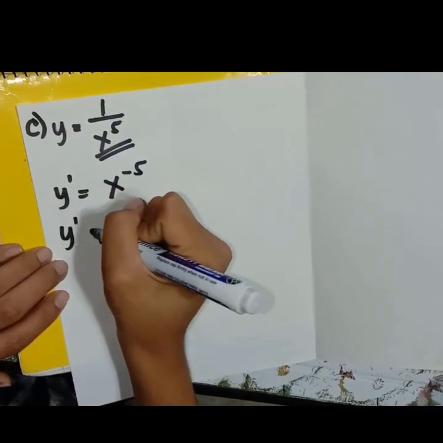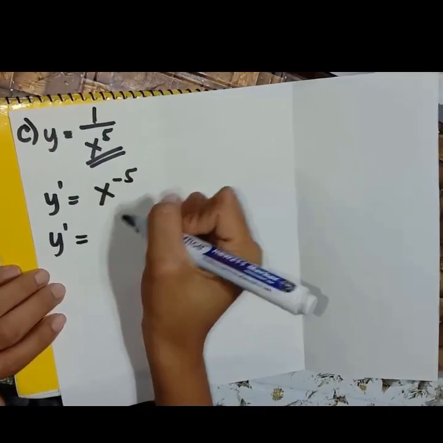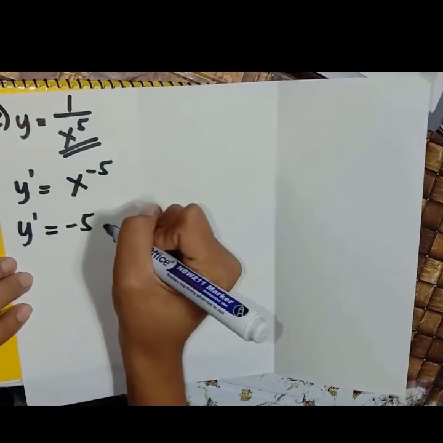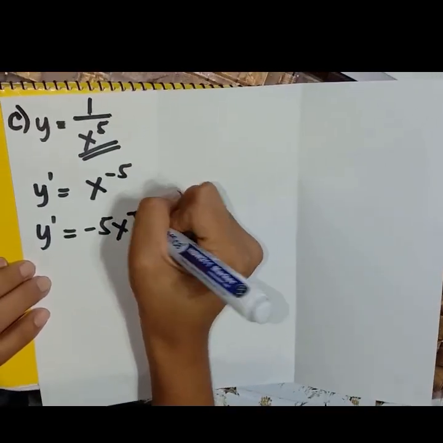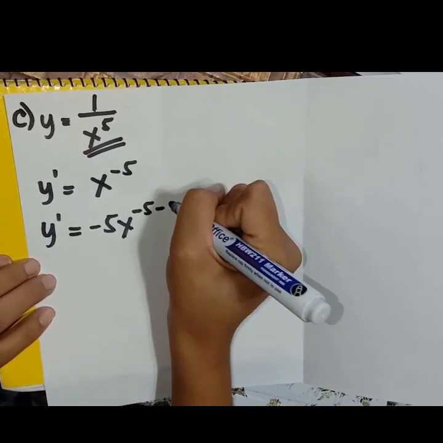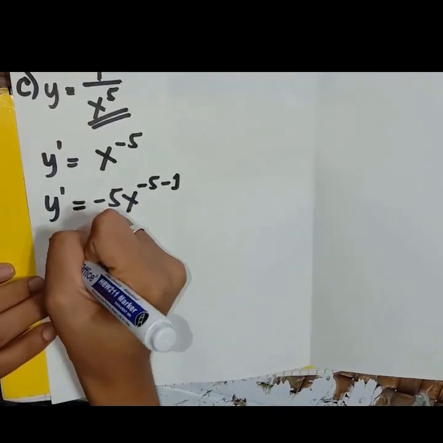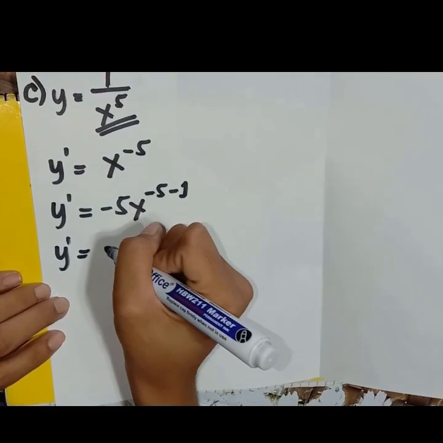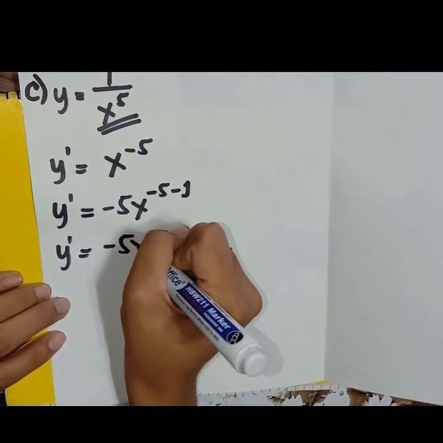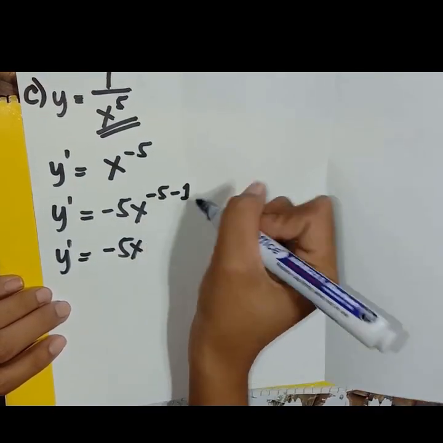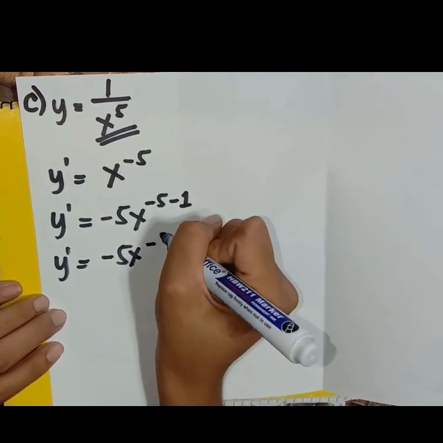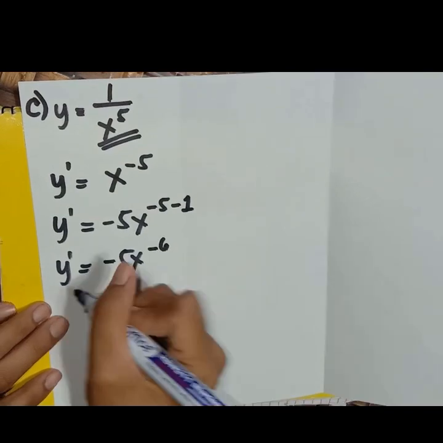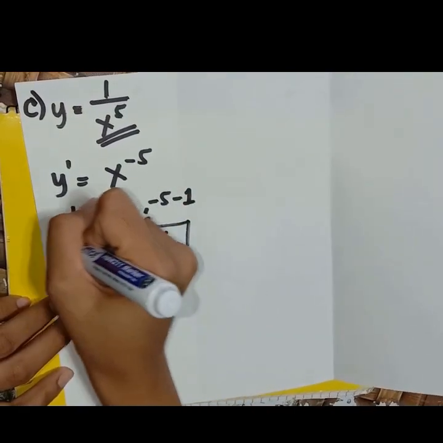Then, negative 5 times x raised to negative 5 minus 1. It will become negative 5x raised to negative 5 minus 1, which is negative 6. So, it is the final answer.